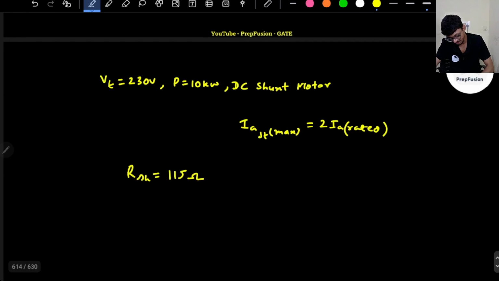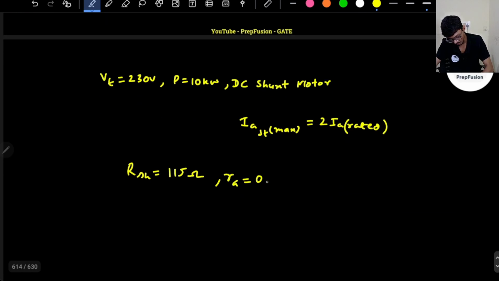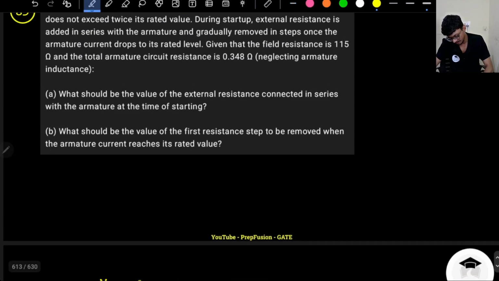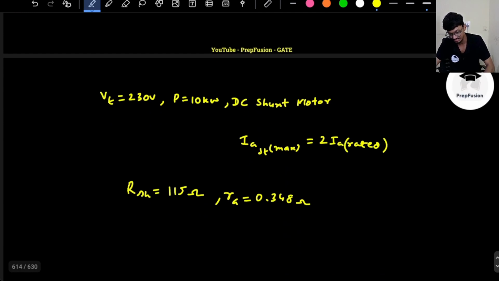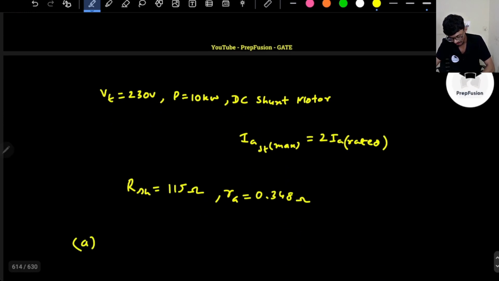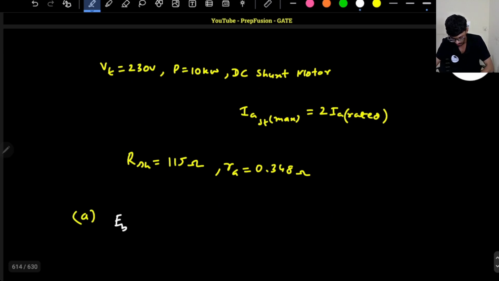The total armature circuit resistance RA is 0.348 ohms. Neglecting the armature inductance, what should be the value of the external resistance connected in series at the time of starting? At the time of starting, EB is 0 because speed is 0.